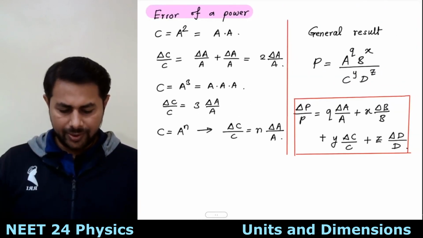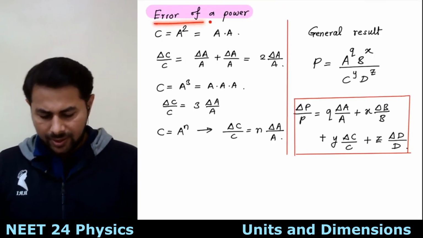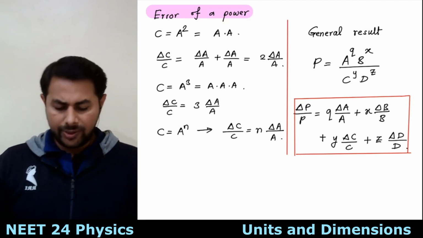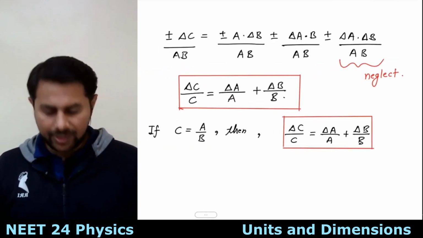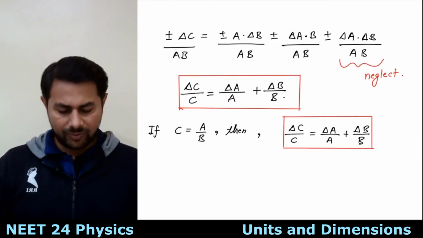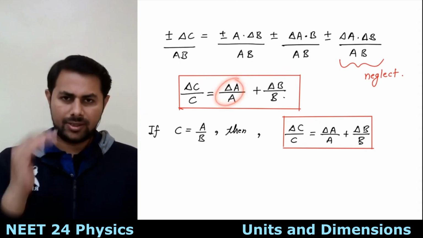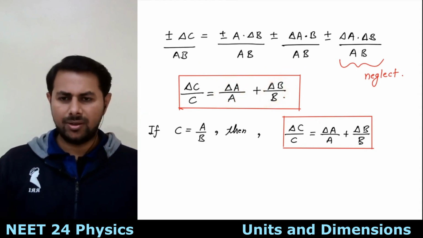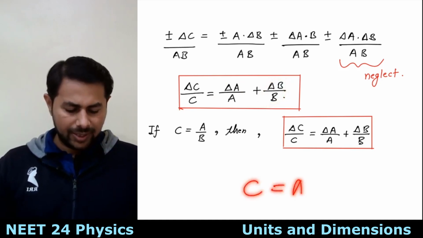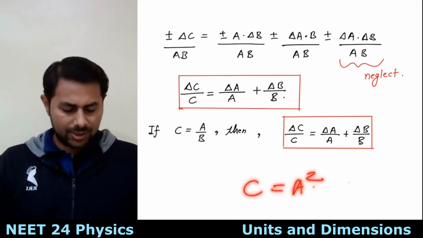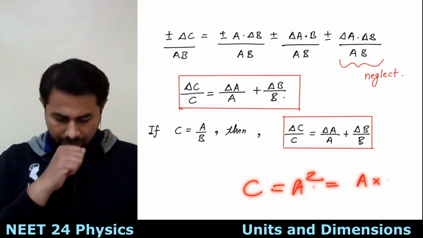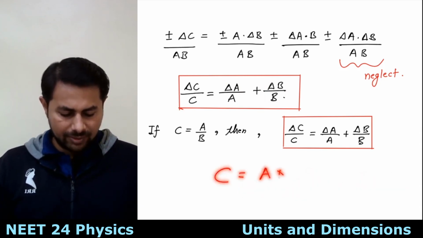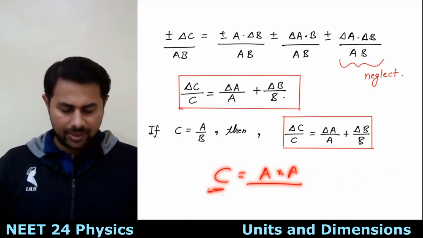Okay, good. Next, error of a power. Suppose you know that if C is equal to A times B, then the relative error is delta A upon A plus delta B upon B. Now suppose C is equal to A square, so I can write this thing as A times A. So what will be the error in this one?